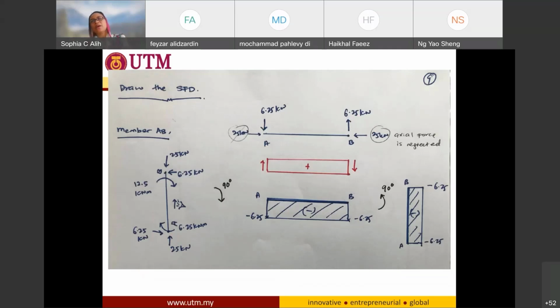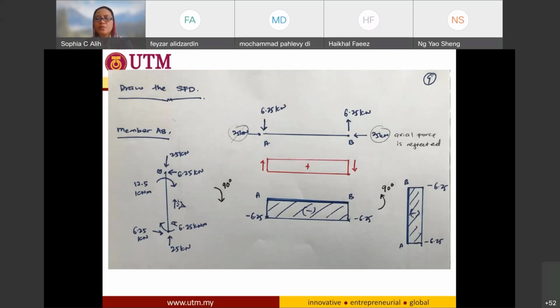However, since the frame doesn't have any change in its length after the loading, I can cancel out these axial forces. In other words, I can neglect their value. So right now I have 6.25 downward and 6.25 upward.